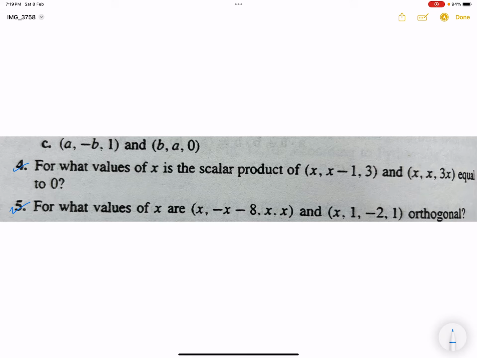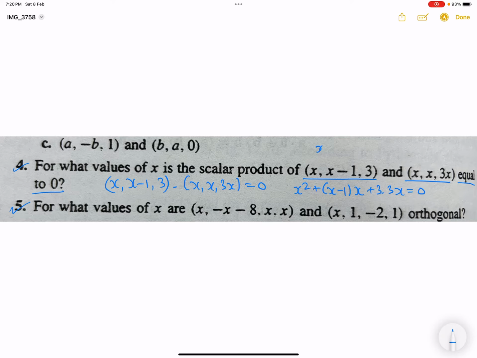For what values of x is the scalar product equal to 0? So we have (x minus 1, 3) dot product (x, 3x), so this should be 0. This gives us x square plus (x minus 1) into x plus 3 into 3x equals to 0.